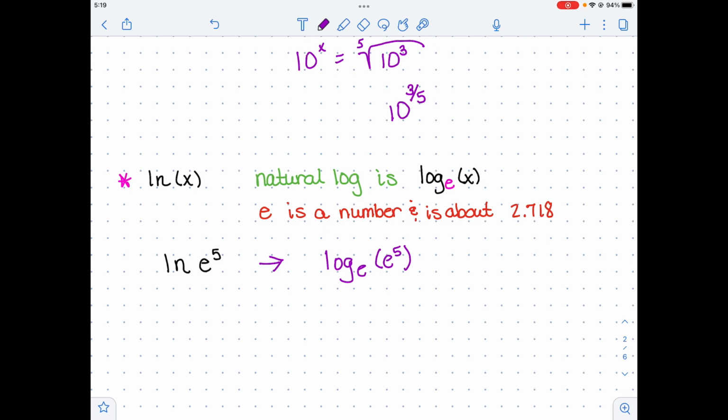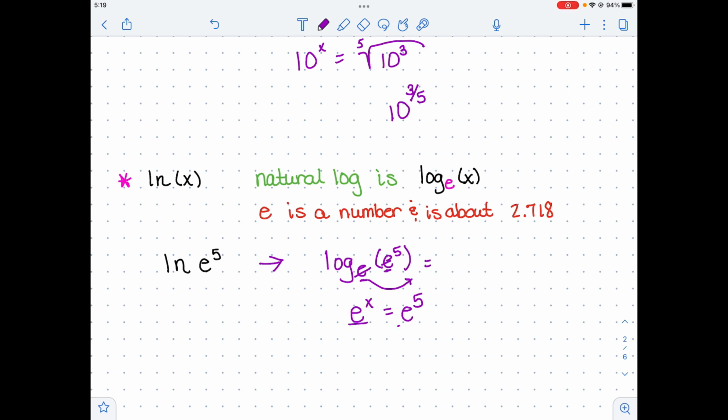And that seems so weird, and it is kind of redundant, but when we have the same base, these actually cancel out, and our answer is actually 5. So think about what's happening here. e raised to something is equal to, because we do the round the world, okay, if we didn't know what this was, so I'll take that away for a second, we do around the world, e to something is equal to e to the fifth.